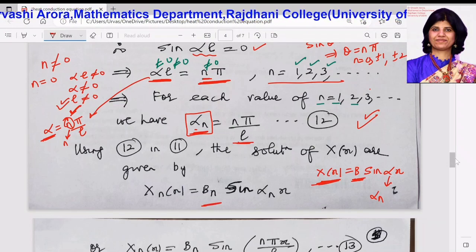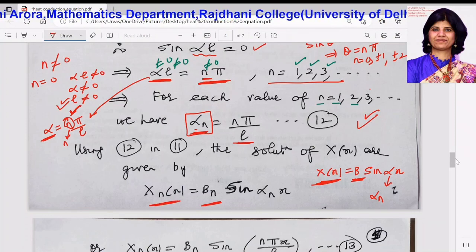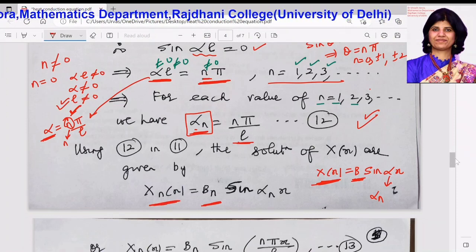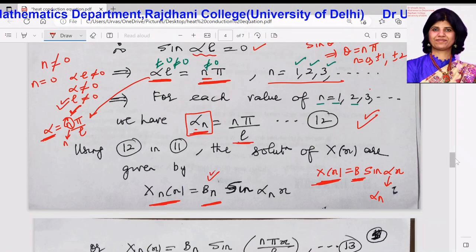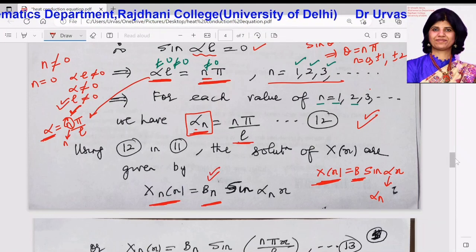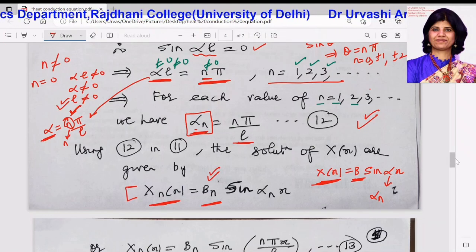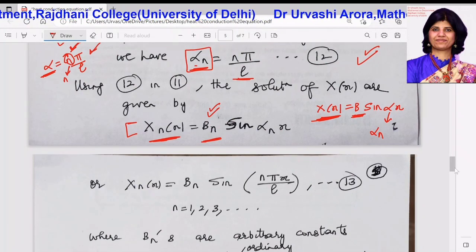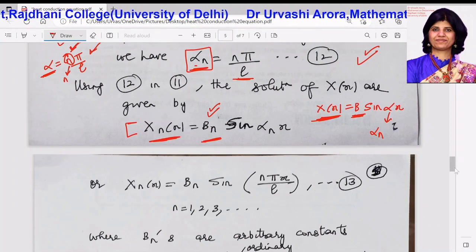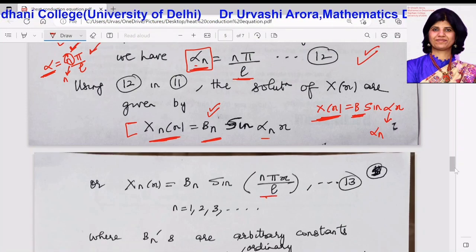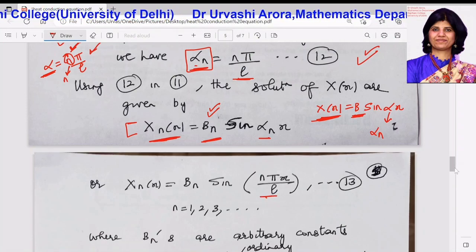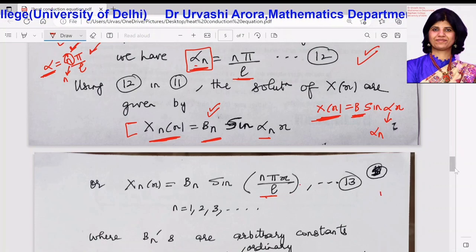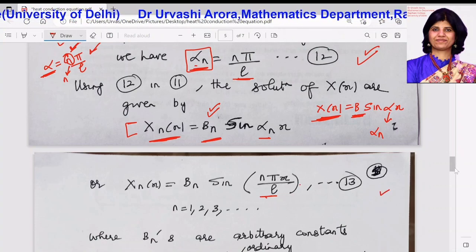There are infinite arbitrary constants and infinite solutions, and that is why we are representing the arbitrary constants by bn and the solutions by Xn. So, this is the value of Xn: Xn is equal to bn sine n pi by L into x, and we are marking this as 13, where n is equal to 1, 2, 3 and so on.